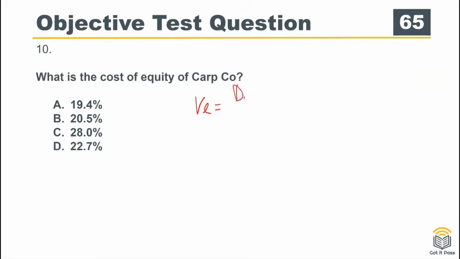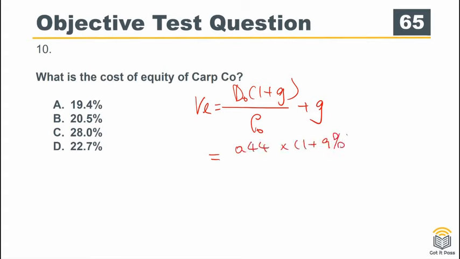the dividend growth model, which is D naught, 44 cents, times (1 plus 9%), divided by $4.16, plus 9% growth rate.